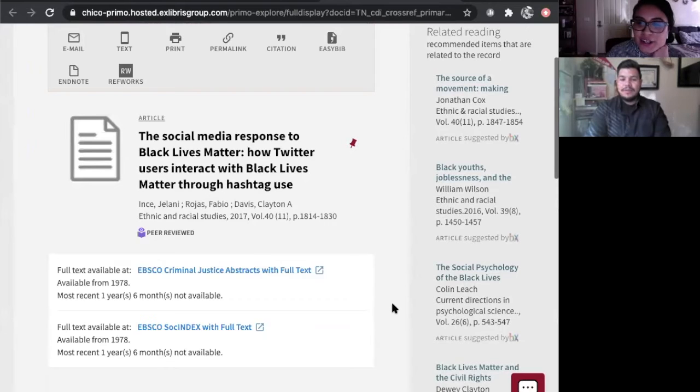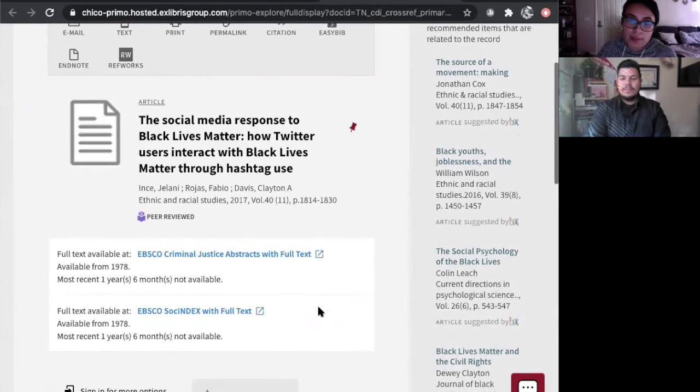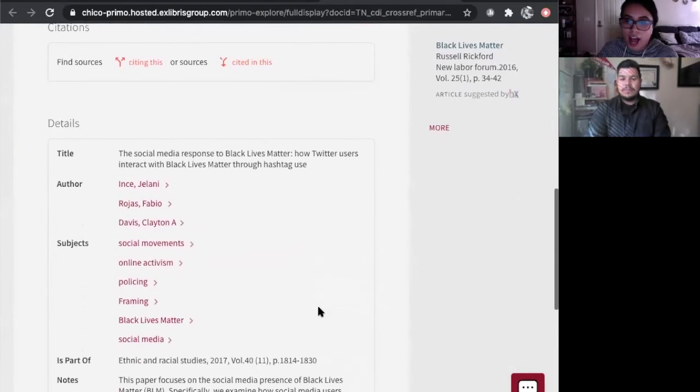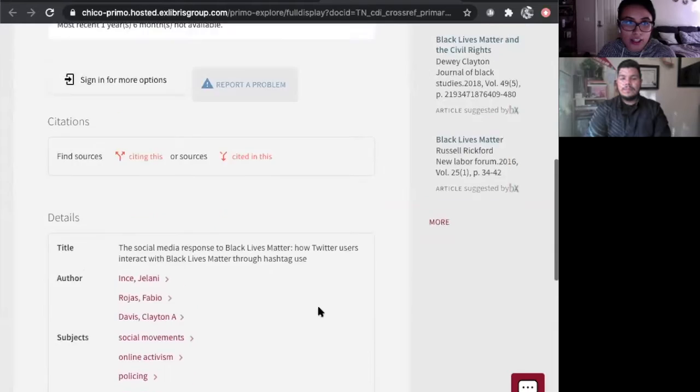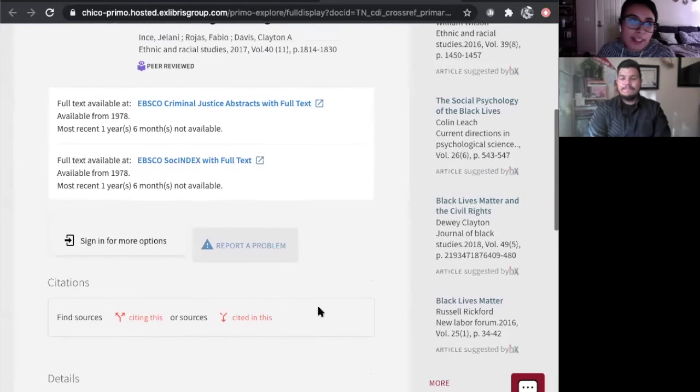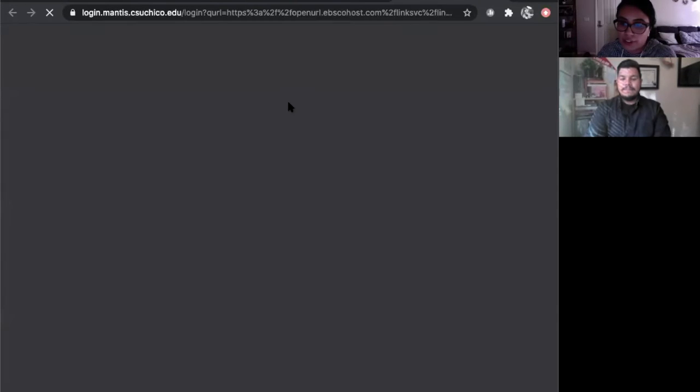What is great about using sources through the library search is that most sources have a lot of information about the source that can help you identify it. Sometimes there's a summary, a preview of the contents, and even associated keywords. To access the source itself, you just click on the link, and then you will probably have to log in using your CSU credentials.